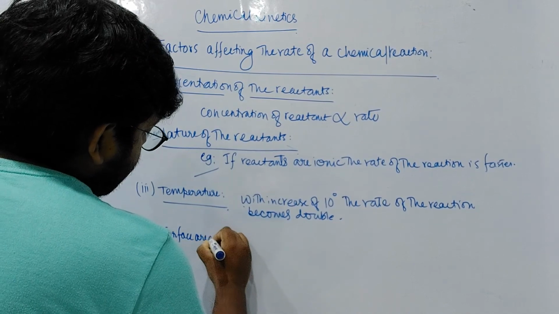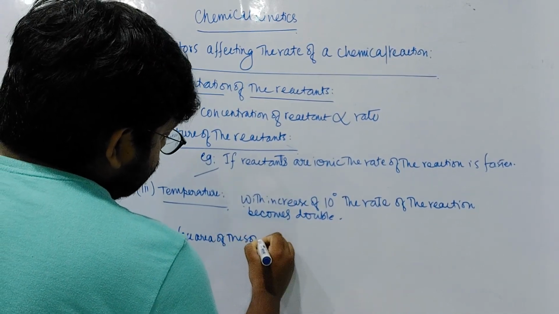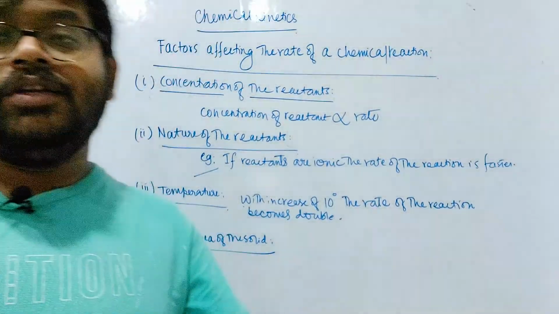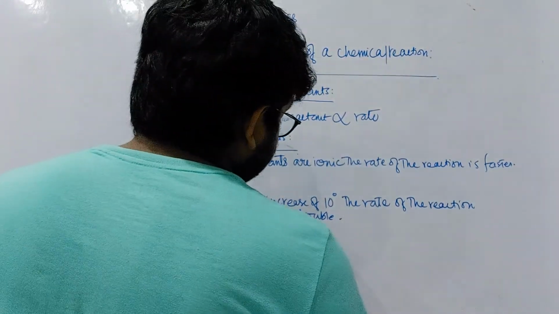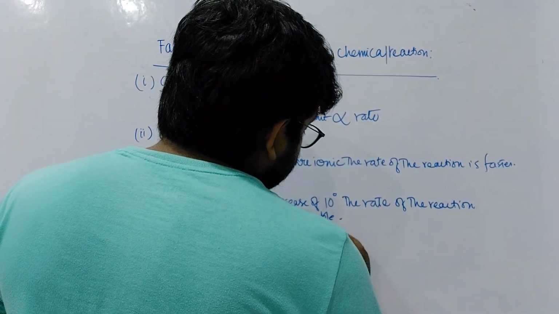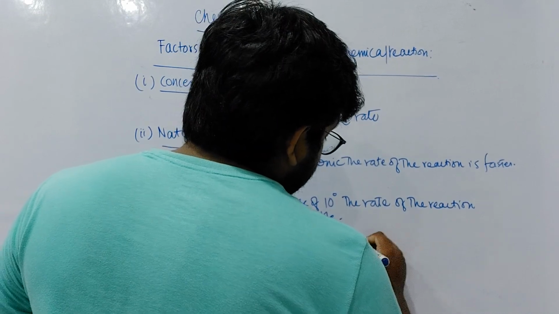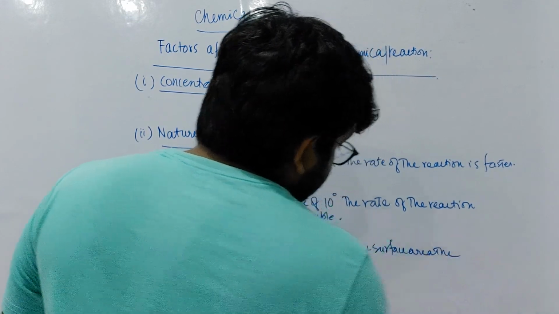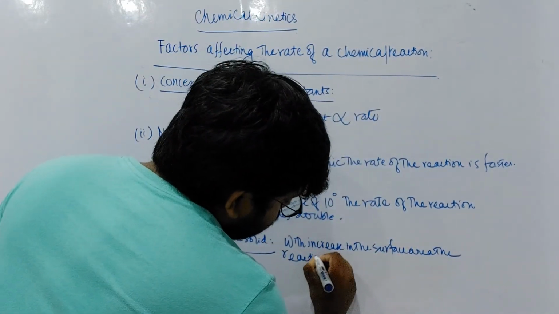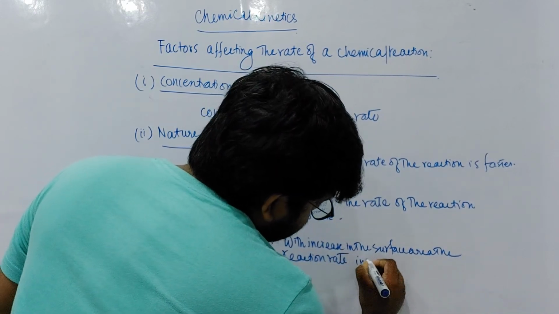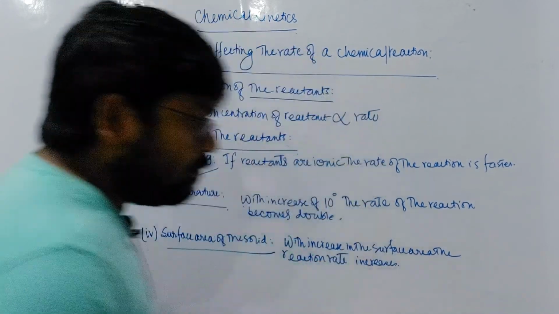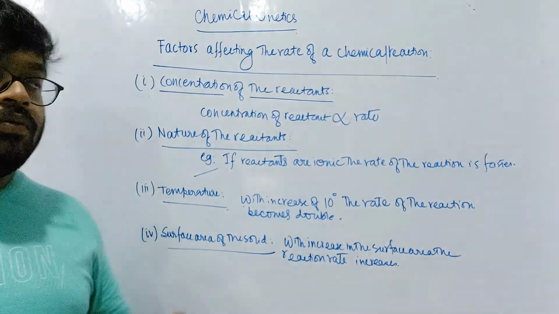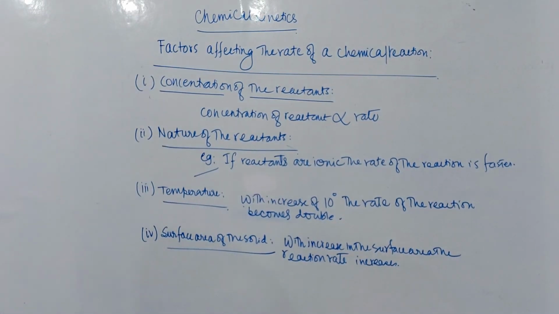With increase in the surface area, the reaction rate increases. Okay, as many of the reactants can bind together, so it increases quite easily. Okay, I hope you have understood.